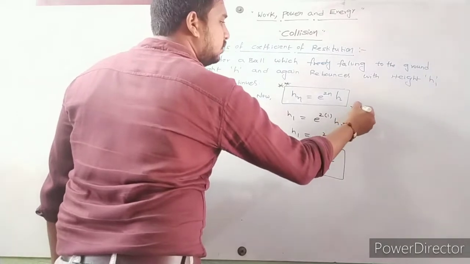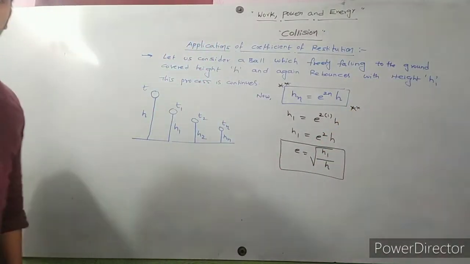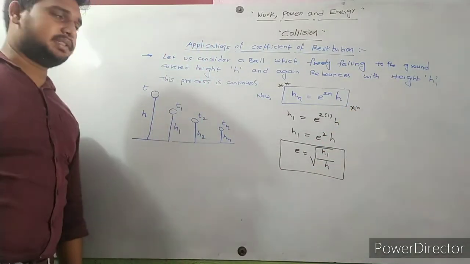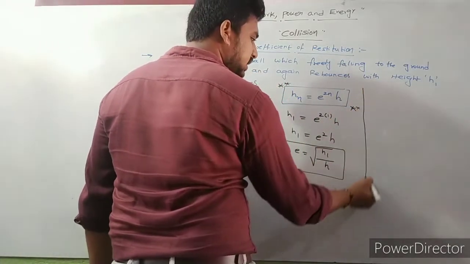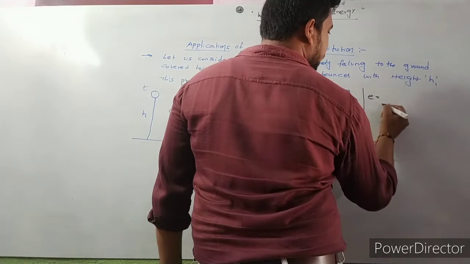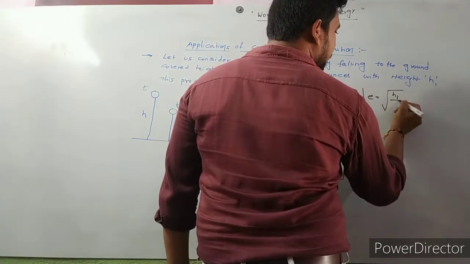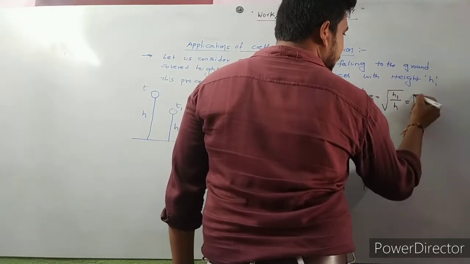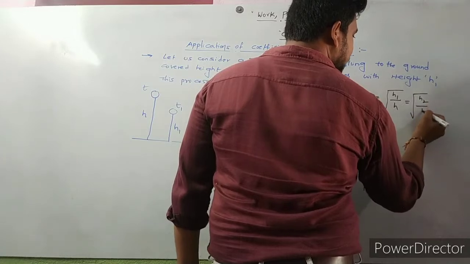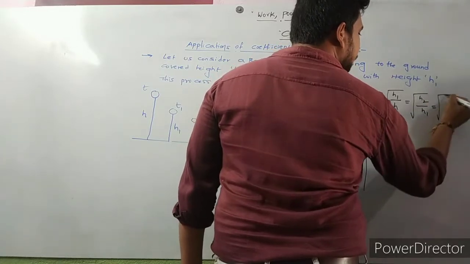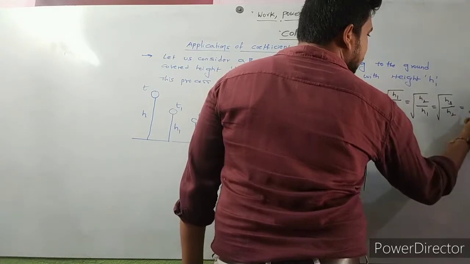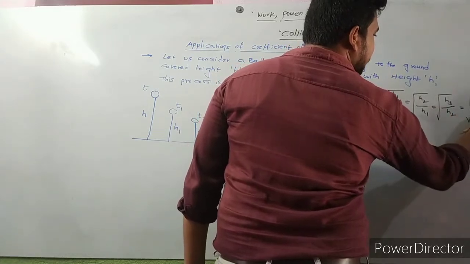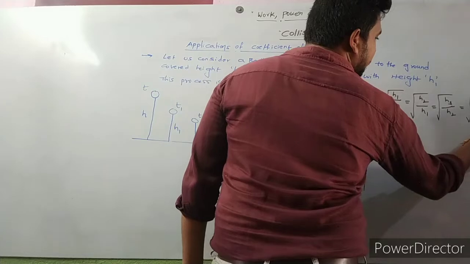Hn is equal to e power 2n into h. So that means your coefficient of restitution e is equal to square root of h1 by h, and that is h2 by h1, and that is equal to h3 by h2, and so on, hn by hn minus 1.